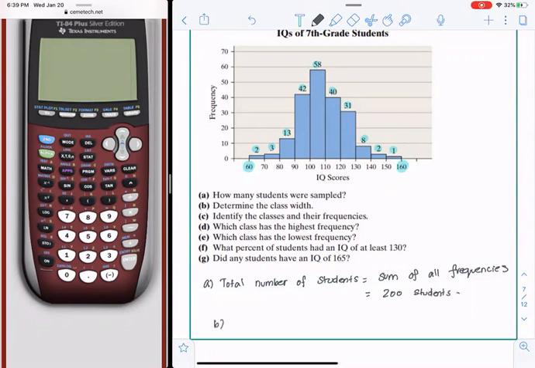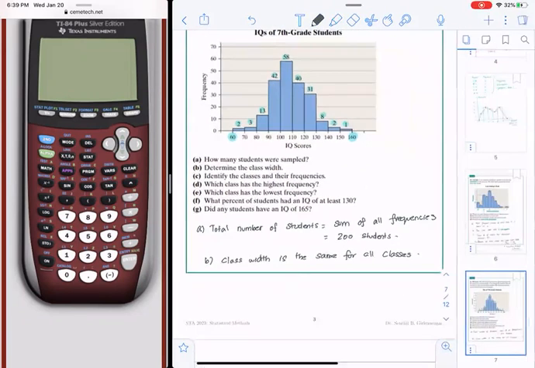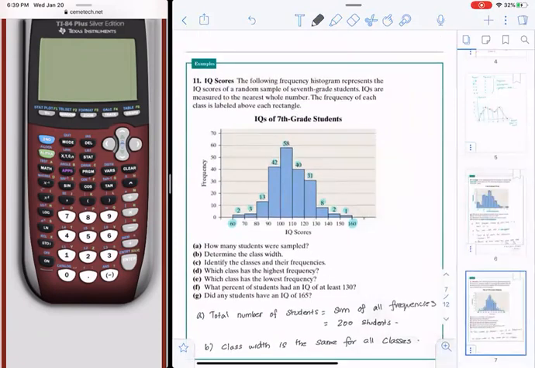Part B wants to know the class width. So the class width is the same for all classes, and it has to be the same for all classes.